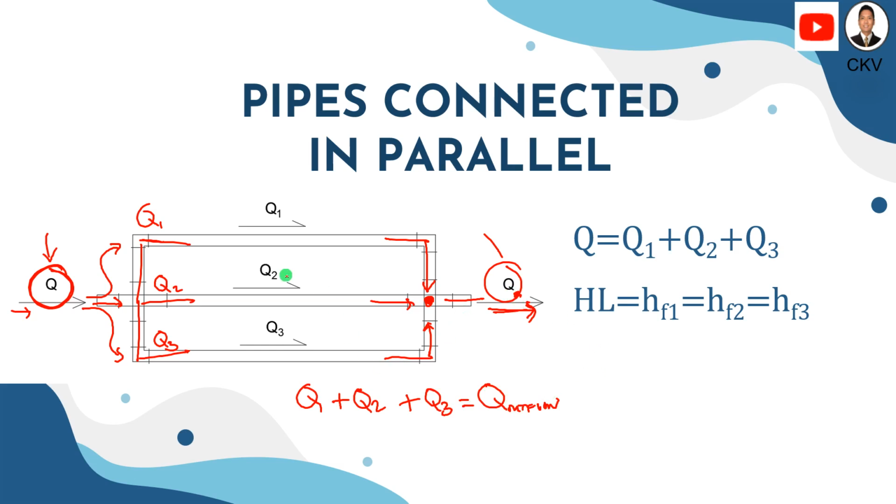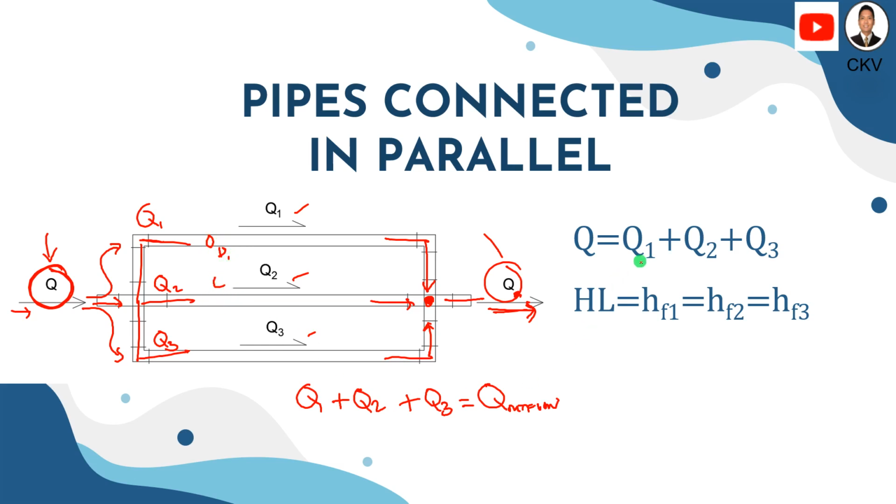But the discharges Q1, Q2, and Q3 are not the same. They are not equal because it will depend on the value of your diameter and other factors such as their friction factor and their lengths.